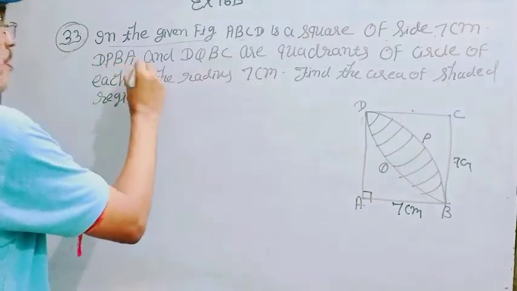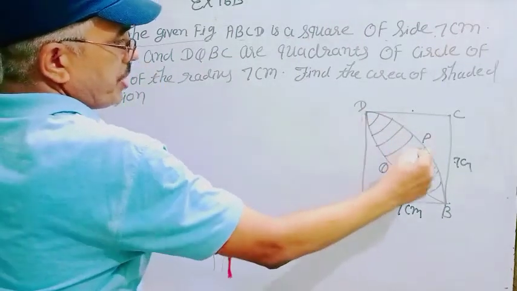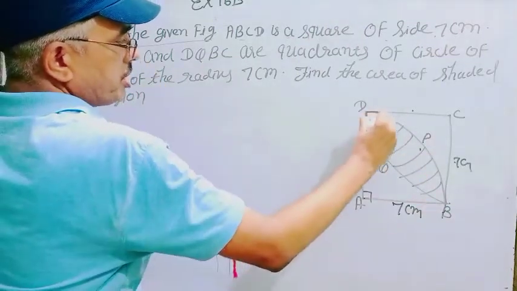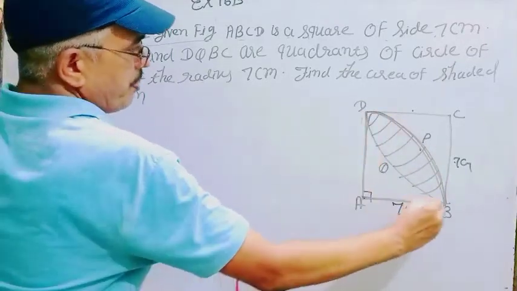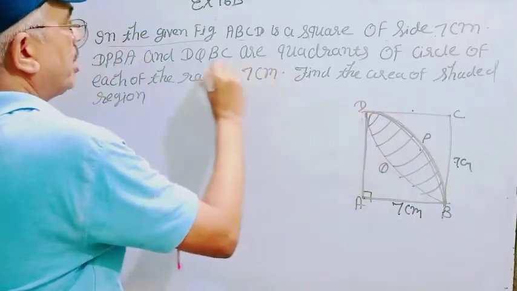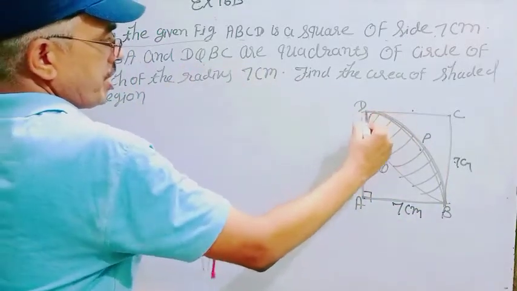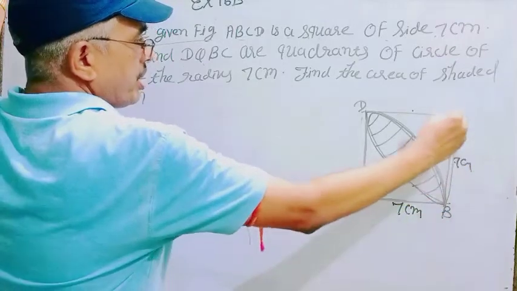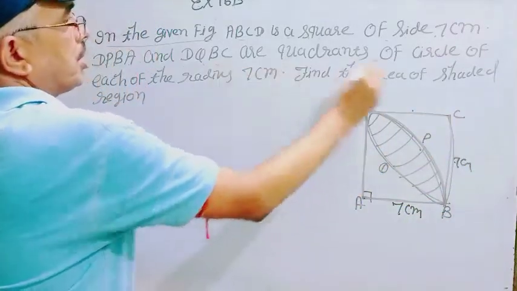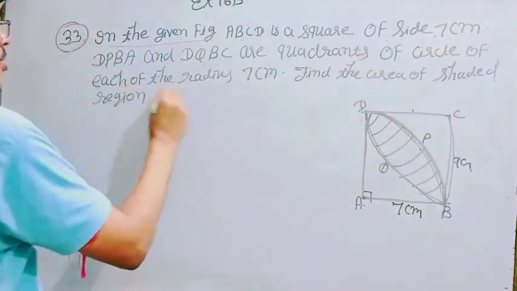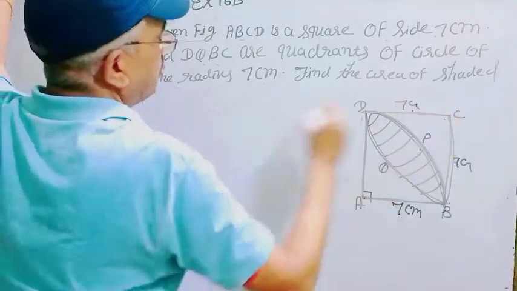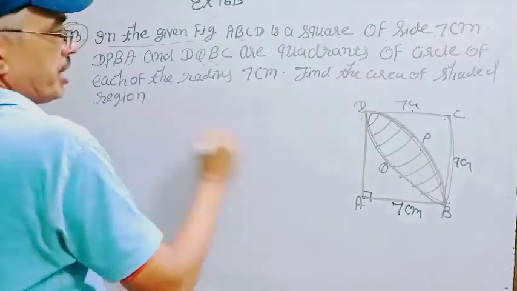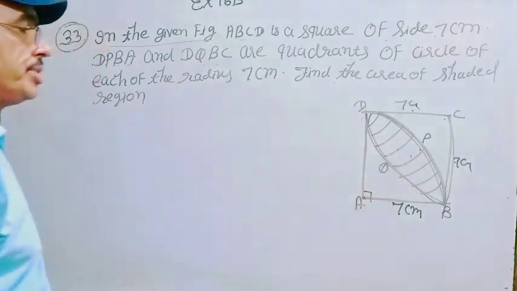And DPBA is a quadrant, and DQBC is the other quadrant of a circle, each of radius 7 cm. That means the side will be 7 cm. Then find the area of the shaded region.